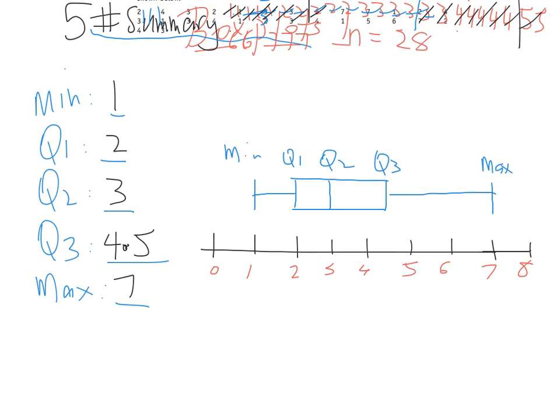So if we're not asked to draw a box plot with outliers, it looks like this, where our 5-number summary is made up of our minimum and our maximum. Our whiskers extend to the maximum and the minimum. We'll look at outlier calculations next.